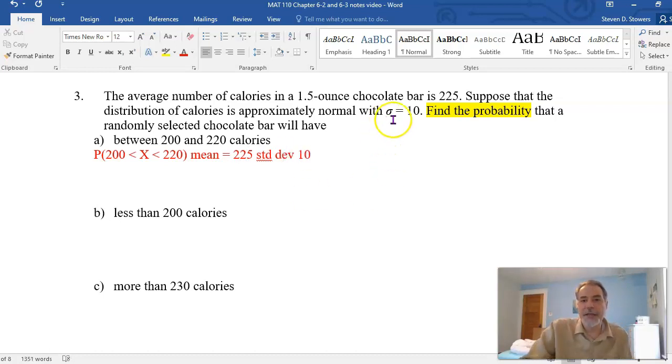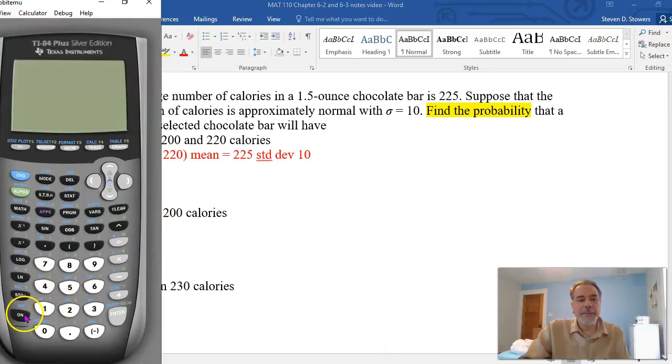Remember, that's what that sigma symbol stands for. So to calculate the z-score, you type in parenthesis 200 minus the mean, which is 225, close parentheses, divided by the standard deviation, which is 10, and we got negative 2.5.